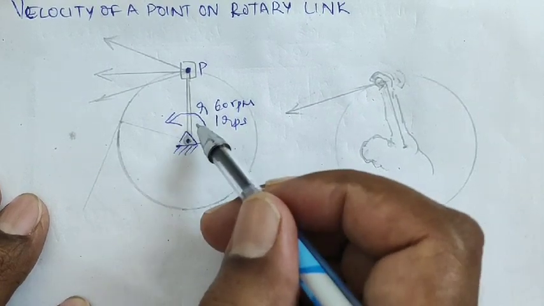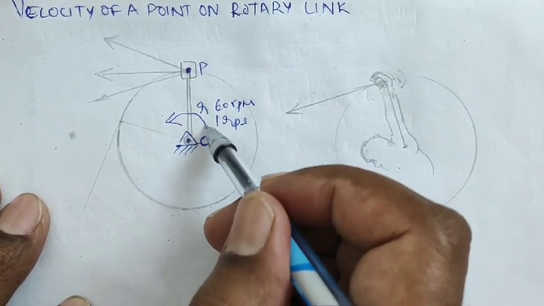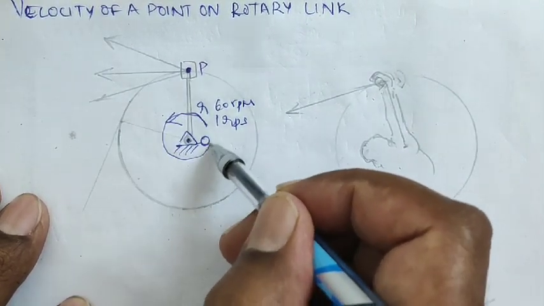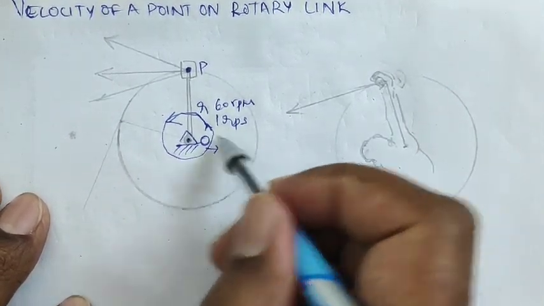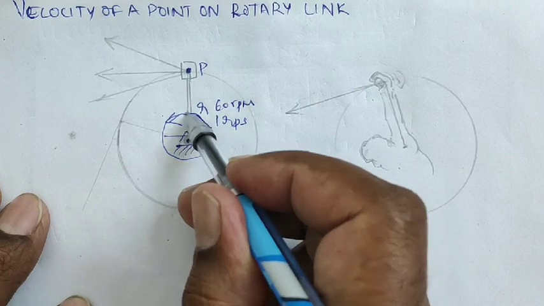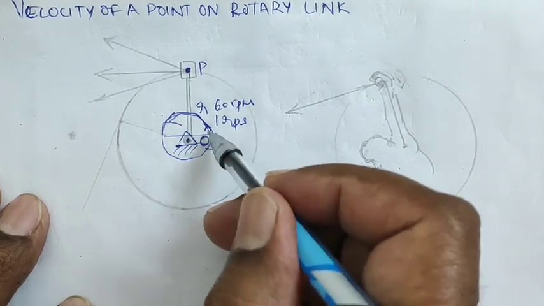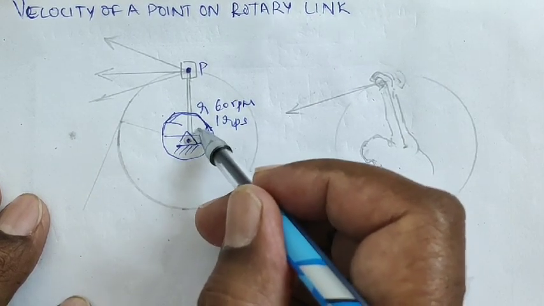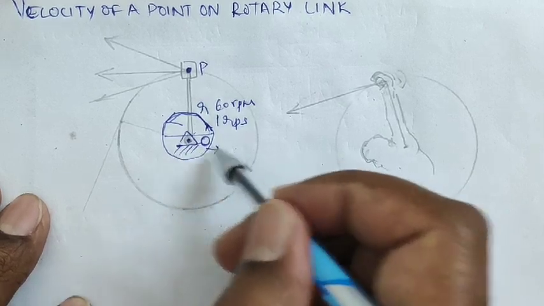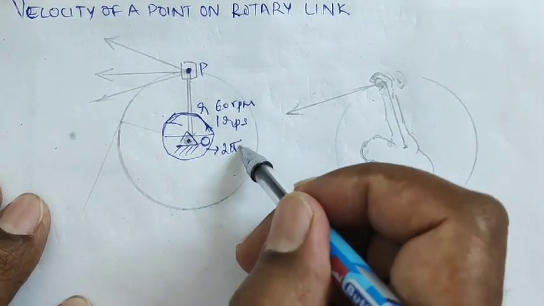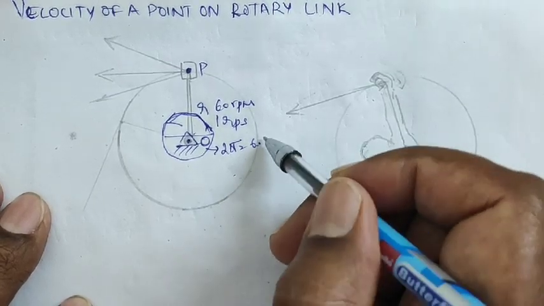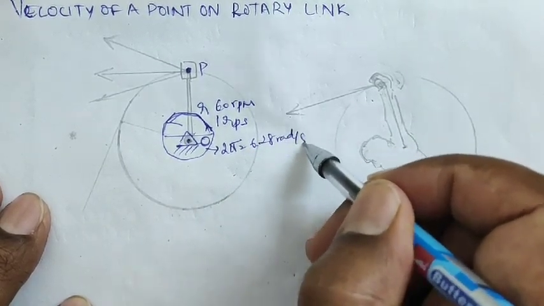Otherwise, you can express it in radians. Once it rotates by one full rotation, this is 2 pi radians. If you rotate half, it is pi radians, so 3.14 radians, and if you rotate a full circle, it is 2 pi, which is 6.28 radians per second.